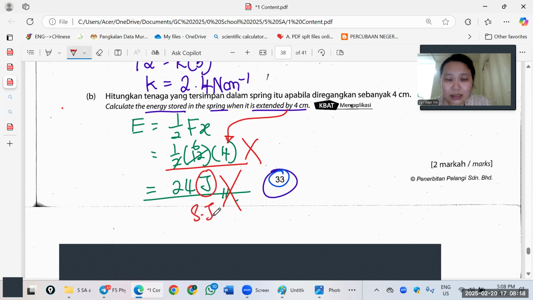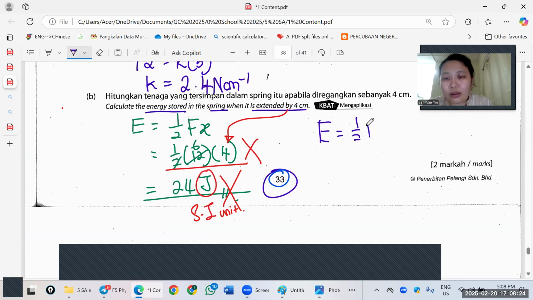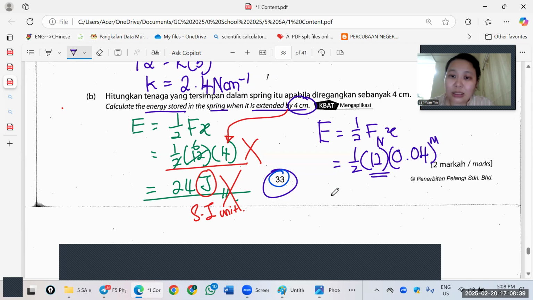Joules is an SI unit. So you must use E equals half Fx. F is in Newton, correct. X must be in meter, but this is cm, so actually it's 0.04 meter.